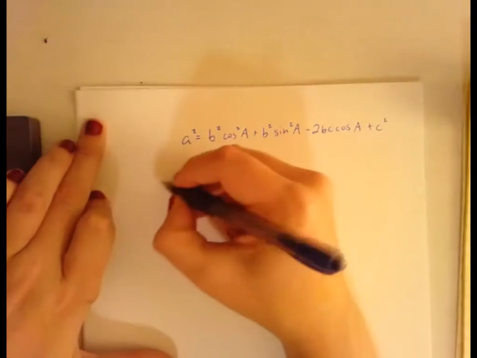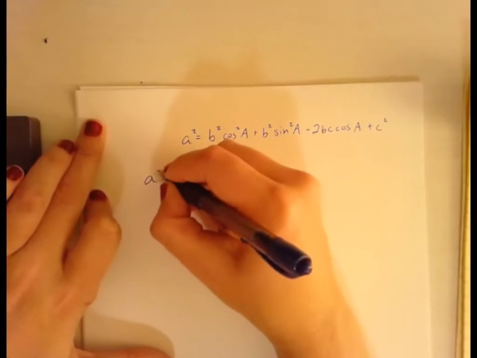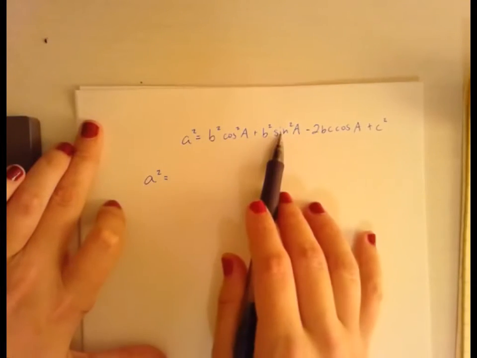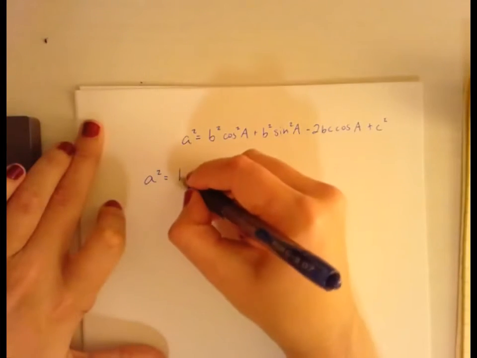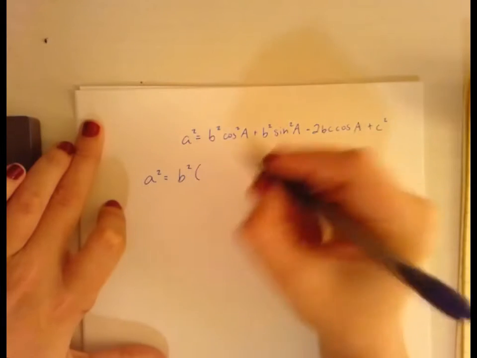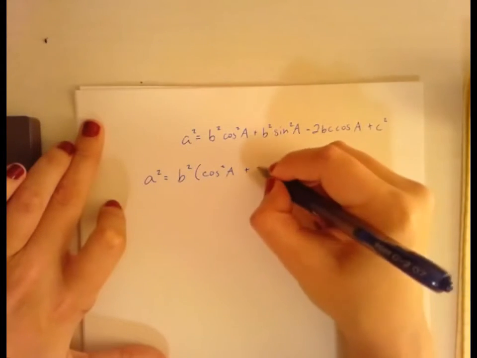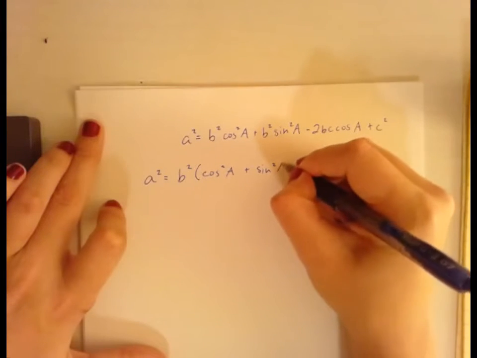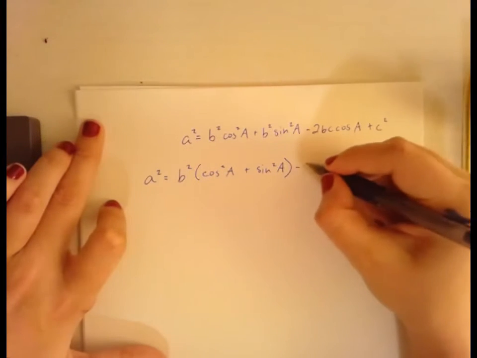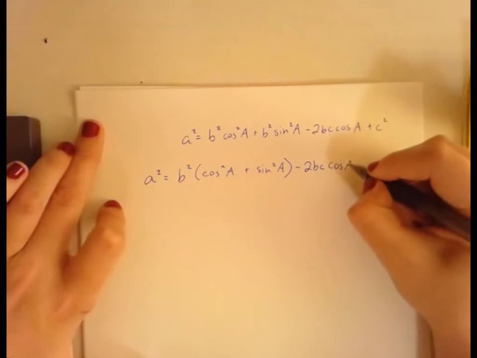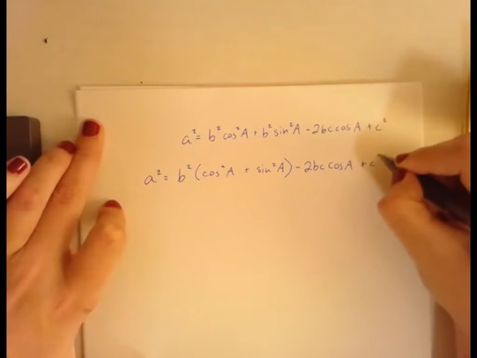I'm going to write that further out here to the left. A squared, now notice in these first two terms, they both have a b squared. So we're going to factor that out. And we're going to get cosine squared a plus sine squared a minus 2bc cosine a plus c squared.